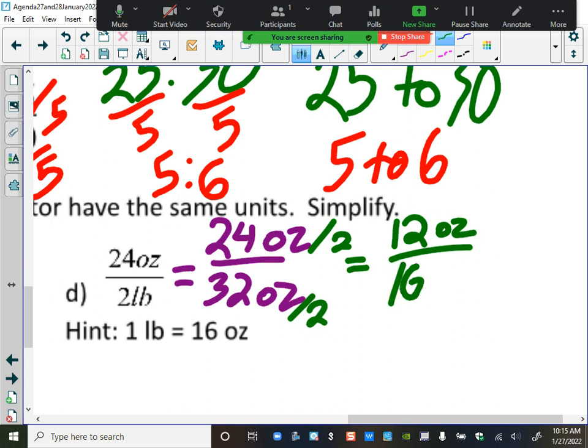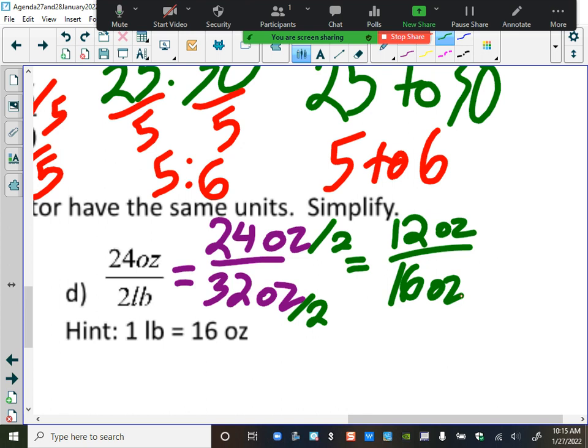And could we go any further with the 12 and the 16? You can? Oh, yeah, you can divide by 2. Are there any possible bigger numbers than 2? You go by 4. Now, if you went by 2, that wouldn't be bad.